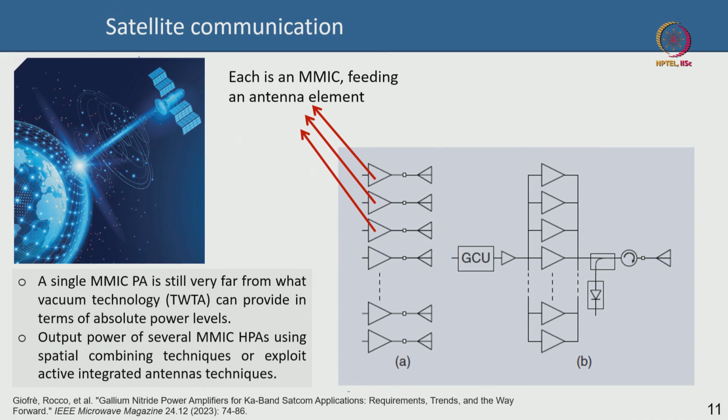Now, satellite communication. Satellite communication needs very high power, several hundreds of watts, and it is very power demanding, you need a very high power amplifier to transmit the signal. I am talking about a transmitter by the way.